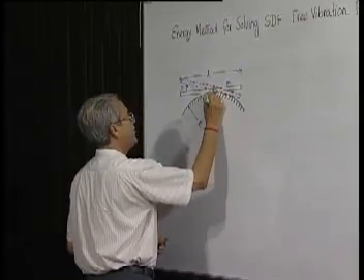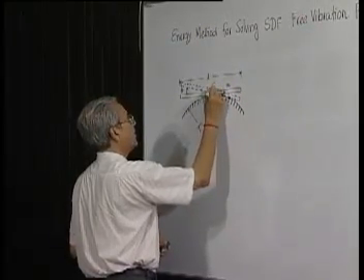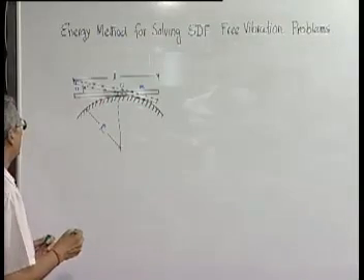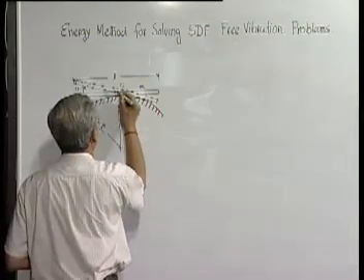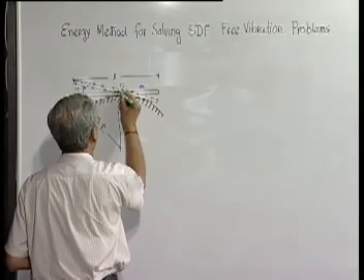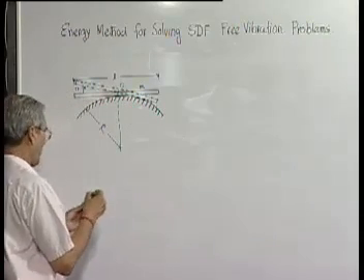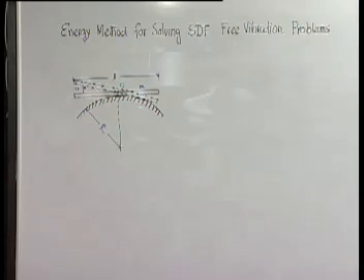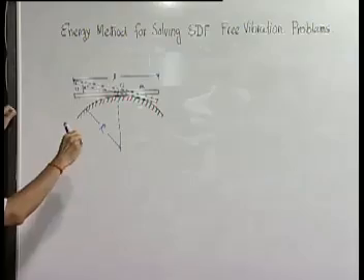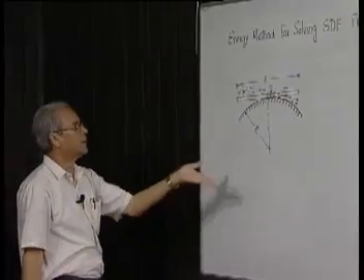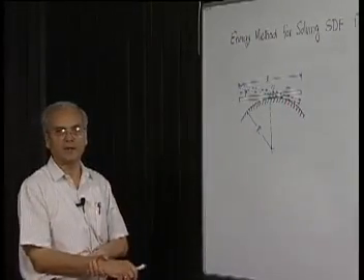Now the CG of the rod is here, and now it has gone here. So in the deformed or displaced condition, the potential energy has increased.